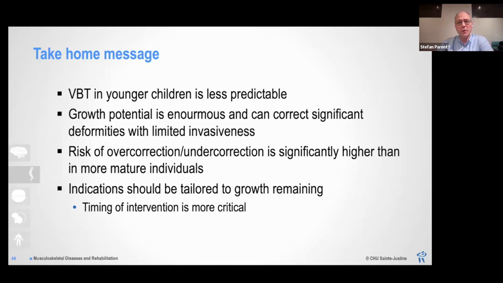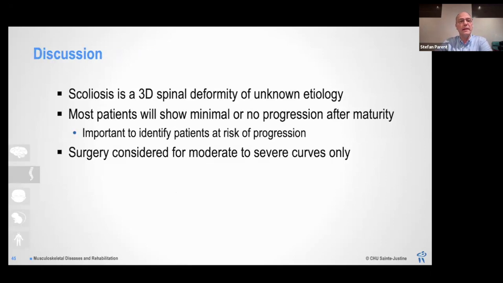And then the risk of overcorrection or undercorrection is significantly higher in more mature individuals. So you have to be aware that you won't get the same results or the same amount of correction in a more mature patient. So it's really important to tailor your indications based on the timing or the amount of growth remaining.